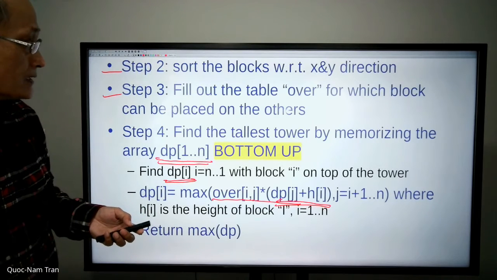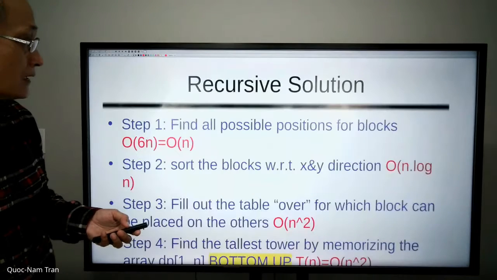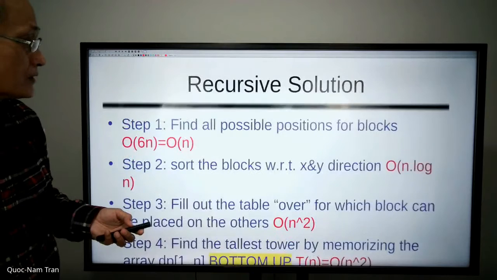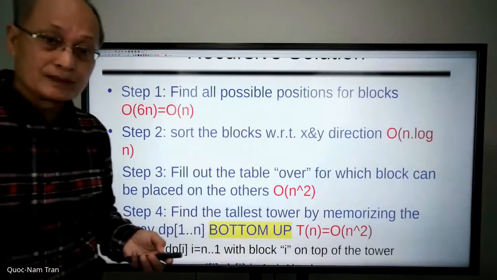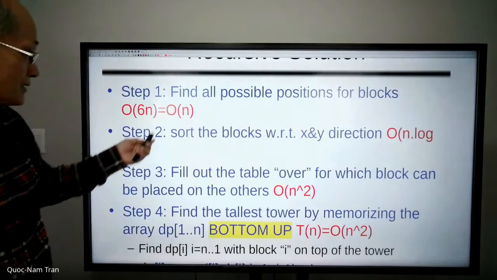Okay, so here is what we will do today. And by the way, the recursive solution we already know, and then we have the complexity for the dynamic programming.